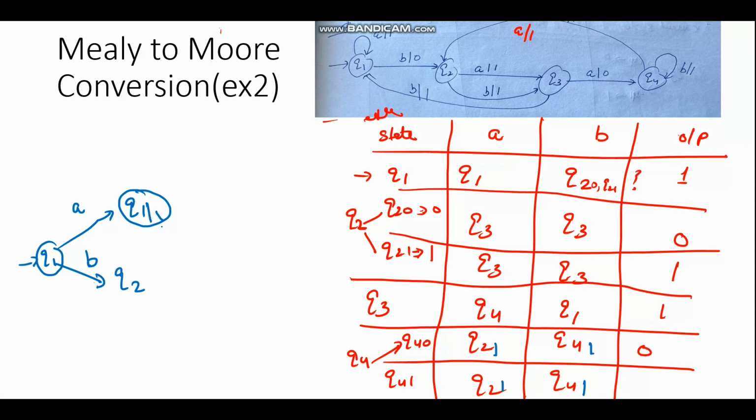So for Q2 0, we will see with B it is going over here. Now when we are at the next state, we can simply draw a self edge. That is like this.